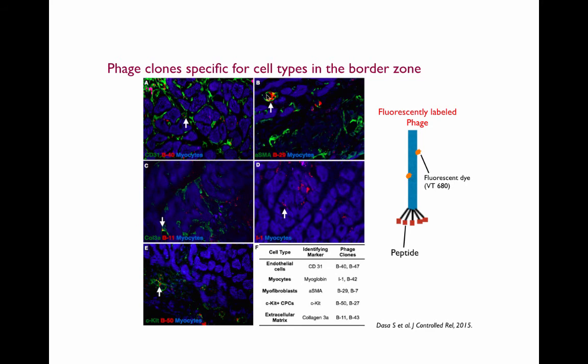B29 is binding to alpha smooth muscle actin, which is a measure of the fibroblasts. B11 is binding to the extracellular matrix. I1 is binding to the cardiomyocytes, this is blue, and then B50 is binding to the c-KIT positive progenitor cells.